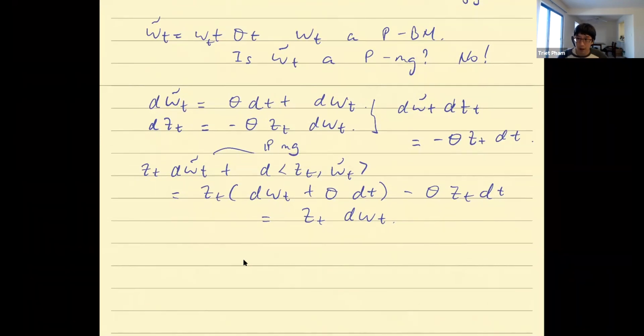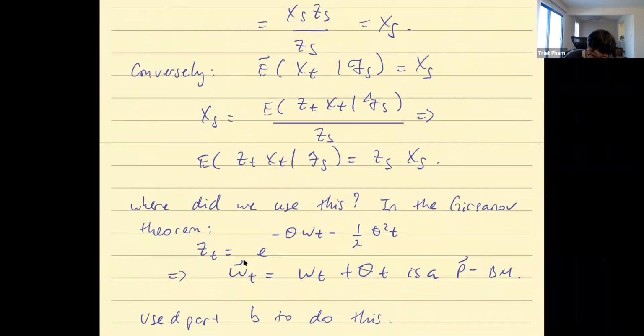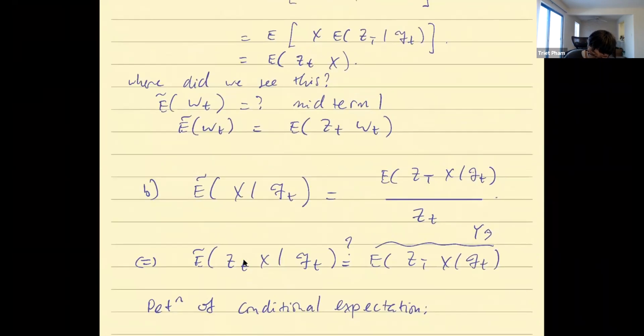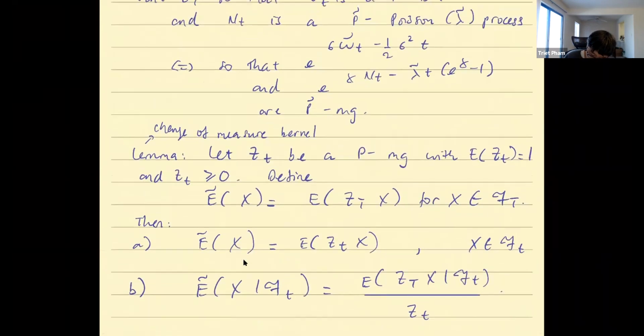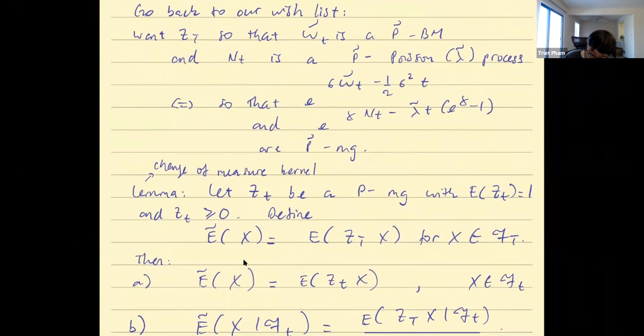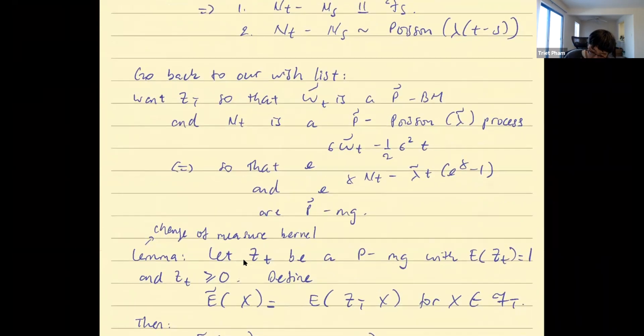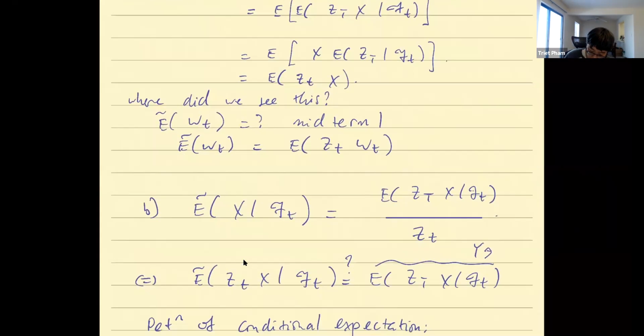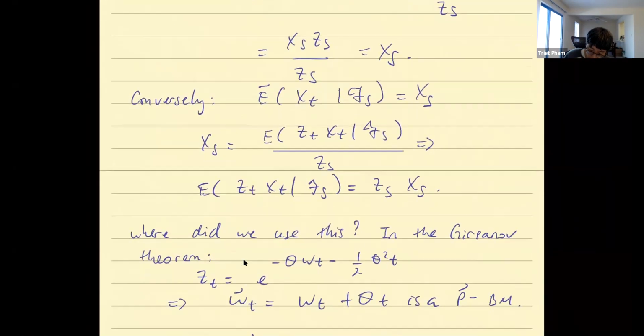Okay. So now let's go back to our question. So now you want this to be a P tilde martingale, and this to be a P tilde martingale. So forget this for now. We know how to handle this because that's just this change of measure kernel.